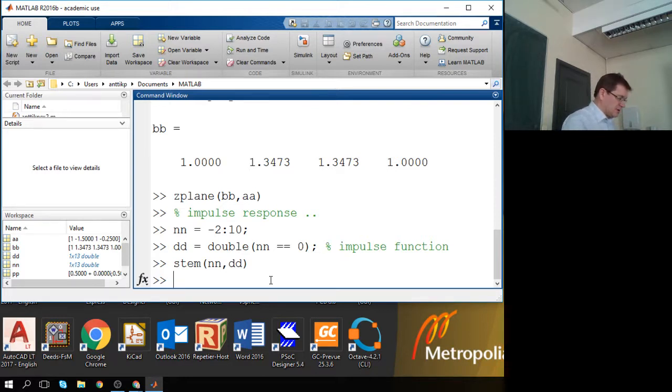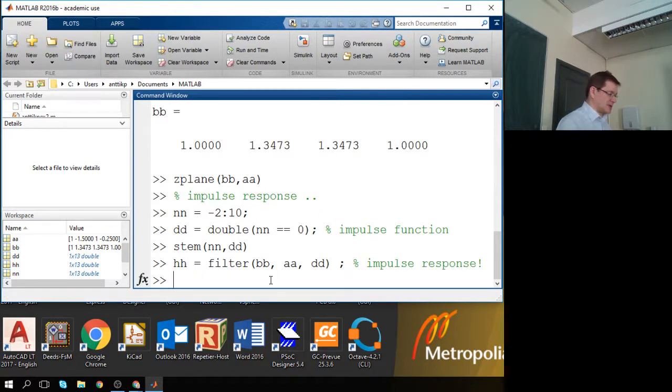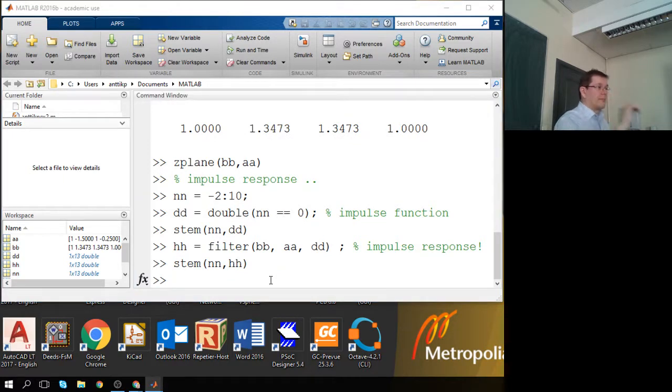So our impulse response of the system is hh equals filter(bb, aa, dd). So this is the impulse response, and then we can stem that one like that.